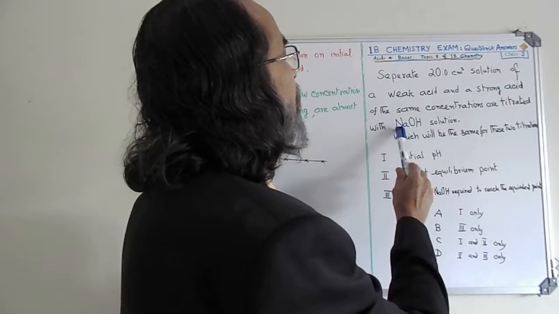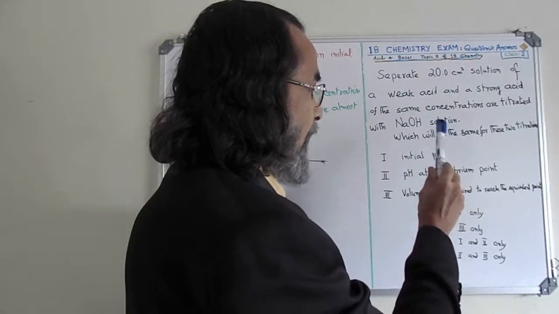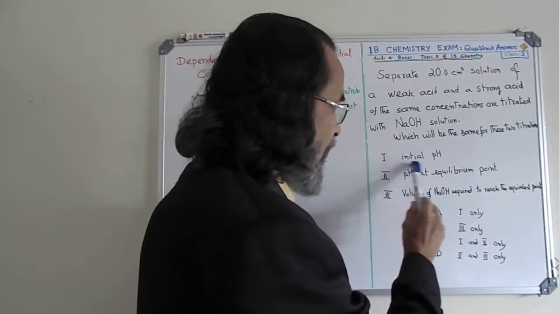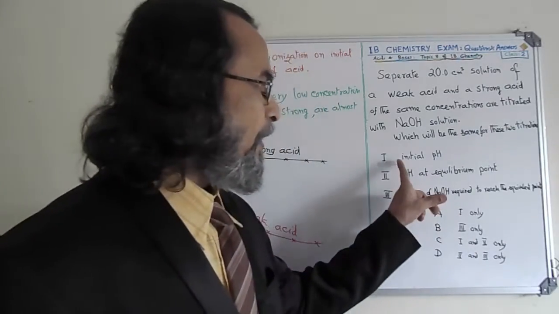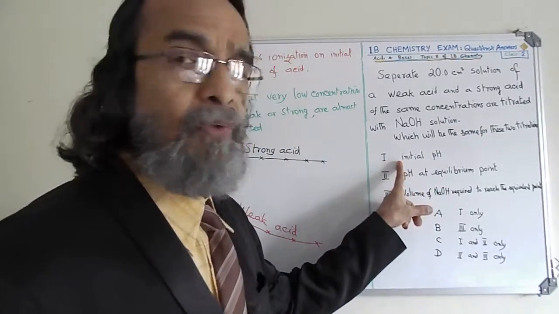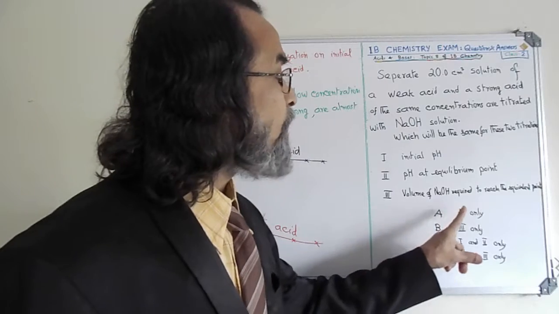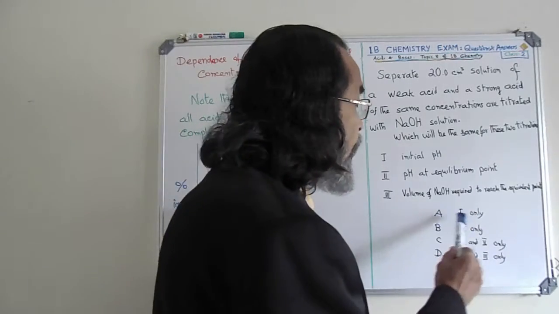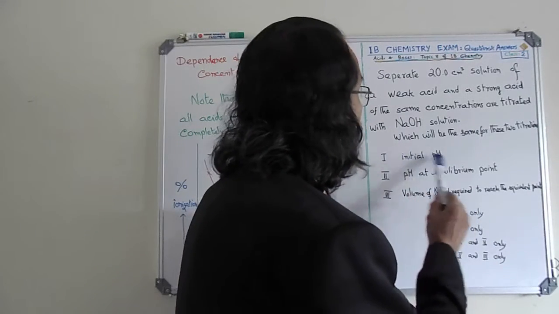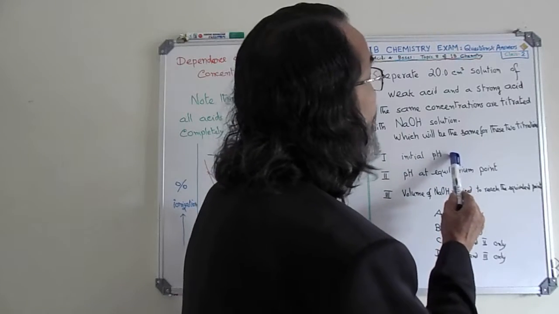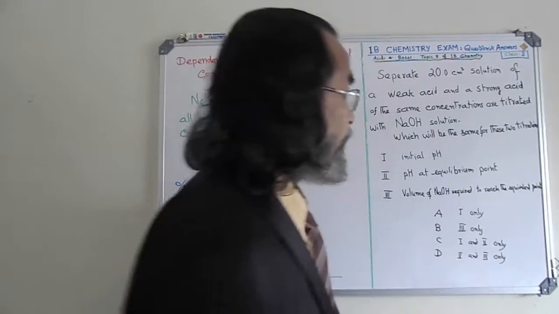But sodium hydroxide is a strong base. In that case, initial pH will not be equal. So option 1, initial pH will be the same, is wrong.